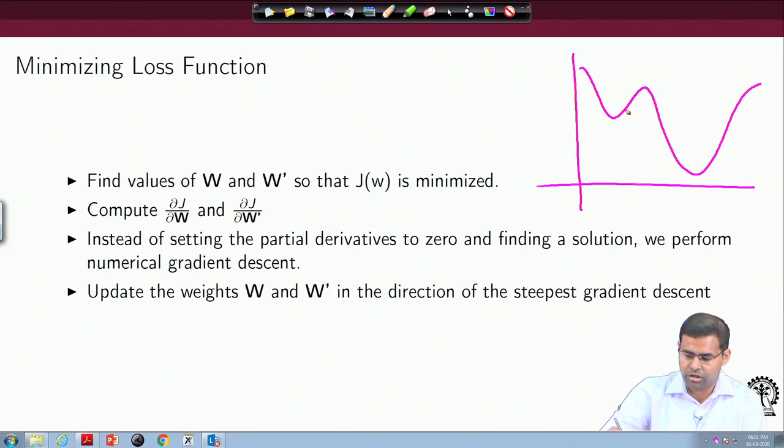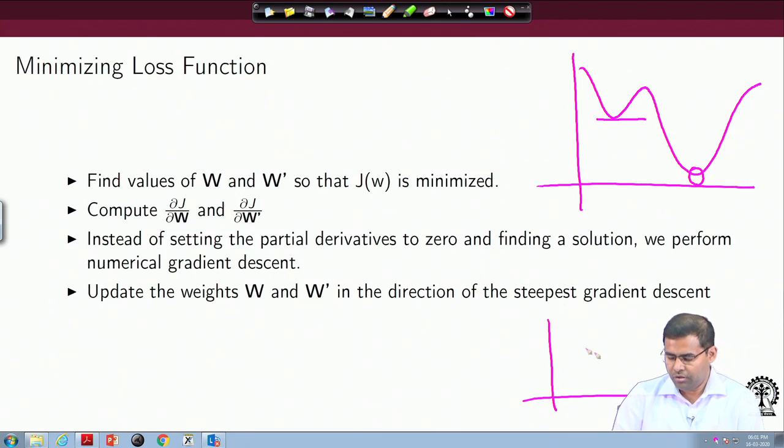So if you consider one solution, you can get stuck in this kind of local minima and miss the global minima, or there can be several other options. Maybe you can get stuck at this kind of foothill, which is kind of flat, and you think that you have got the solution without sampling the other territories.